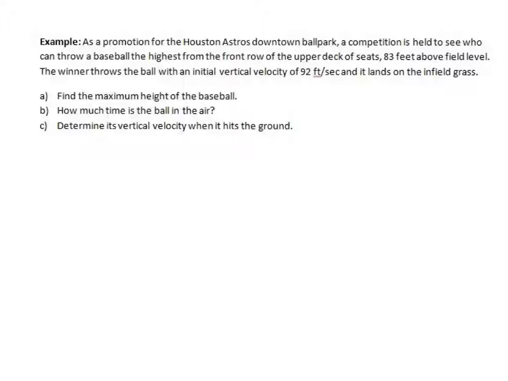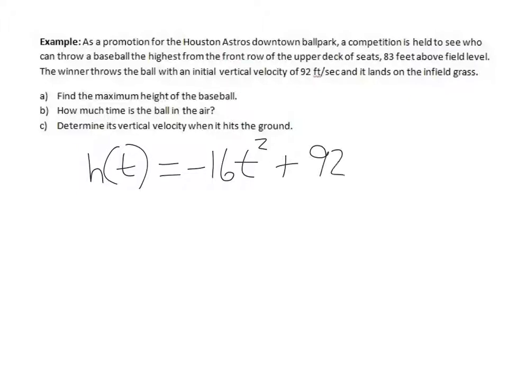First thing we should quickly do is come up with our equations for this. So for height, which we would maybe say h of t, and that's going to be the main one that we use, we would have -16 times t squared plus the initial velocity times t, so 92 times t, plus the initial height, which starts 83 feet above level ground, where we call the level ground 0.